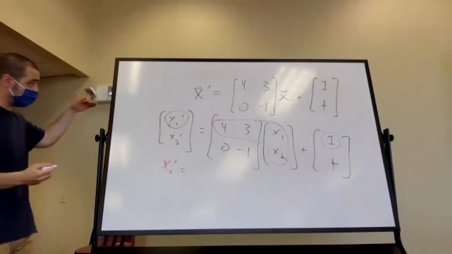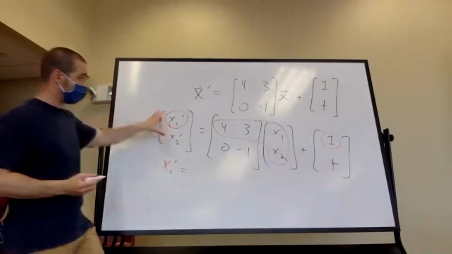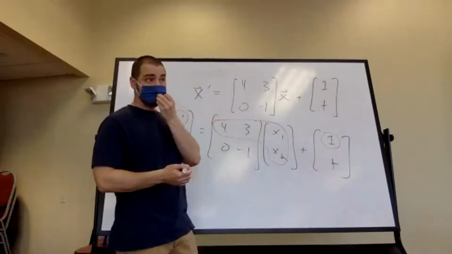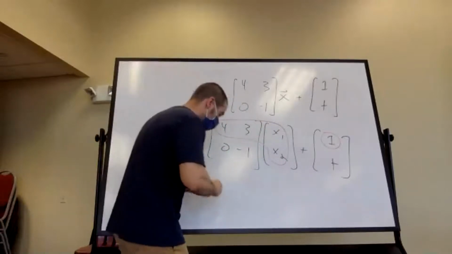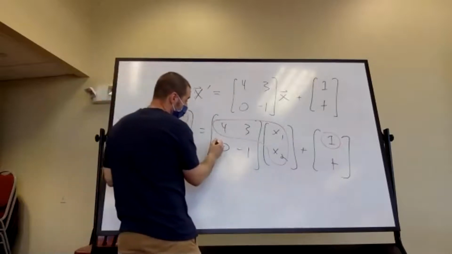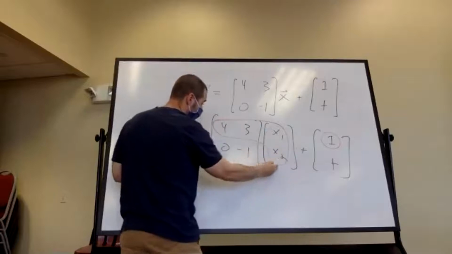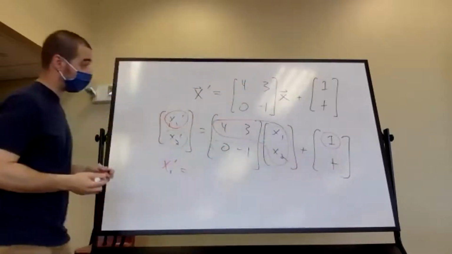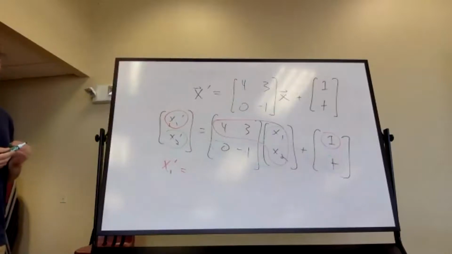Basically, you're reading literally across the top. I have a 2-by-1 here, and I could make a 2-by-1 over here if I combined everything. And then same thing with x2 prime: x2 prime has to be 0, -1 times x1, x2, plus t. That's what is set up there, right?